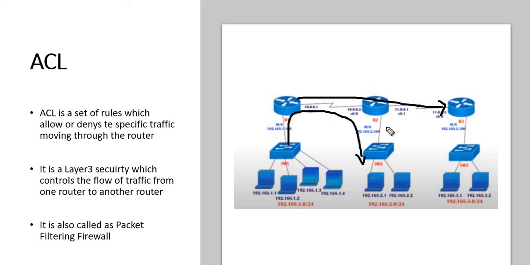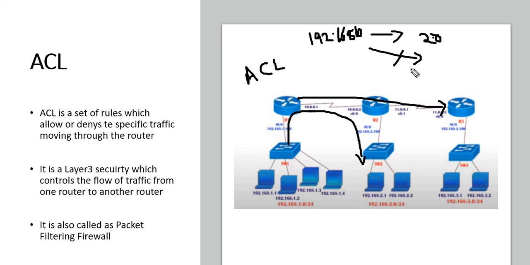So what I need to do is prepare some ACLs. You need to filter with rules, saying that 192.168.1.0 should only communicate with 2.0, but it should not communicate with 3.0. These are the rules you have to write.